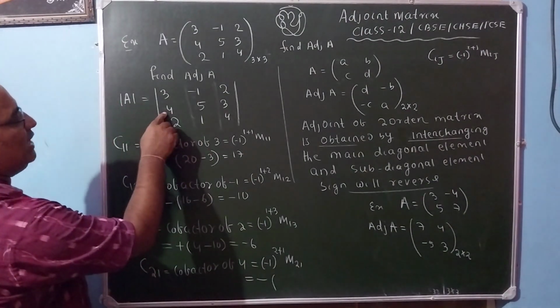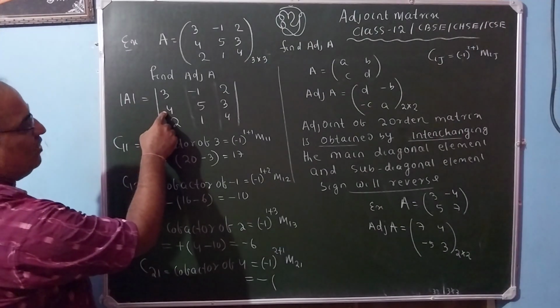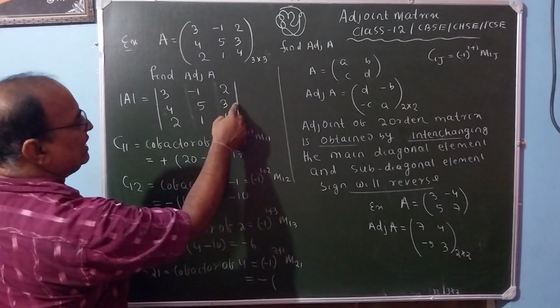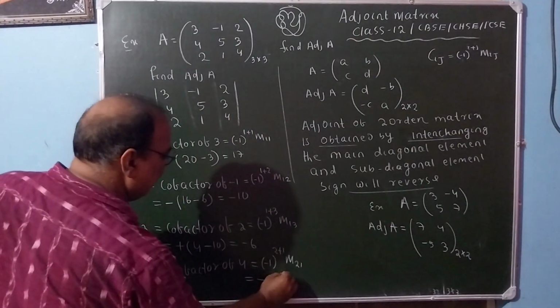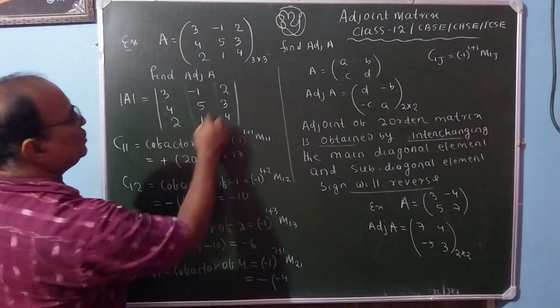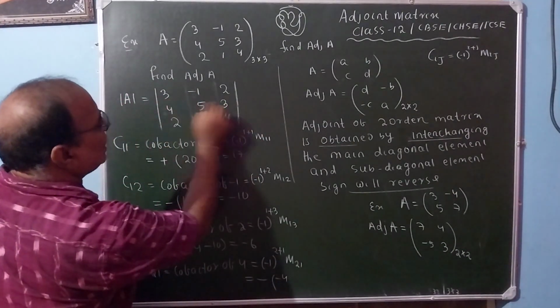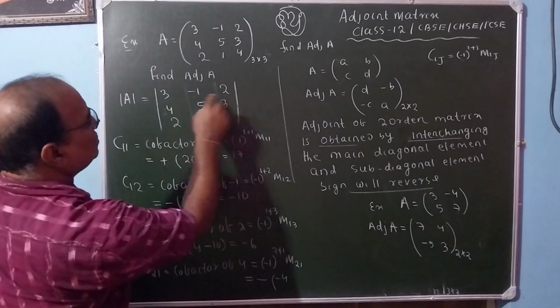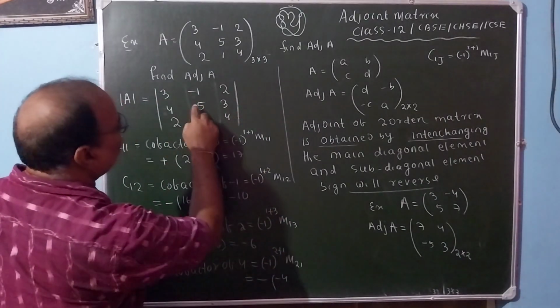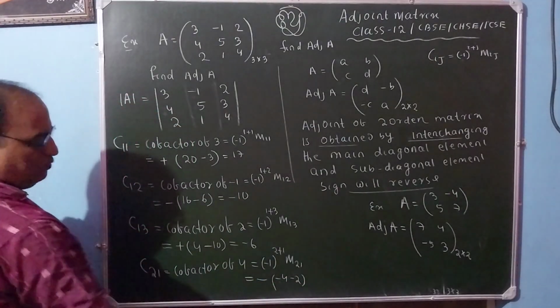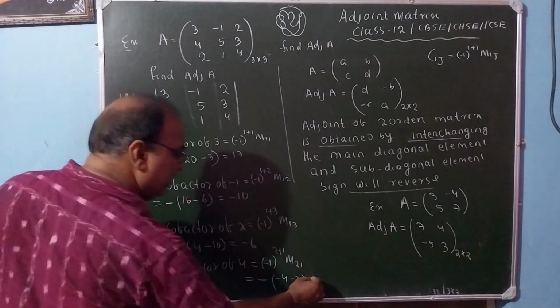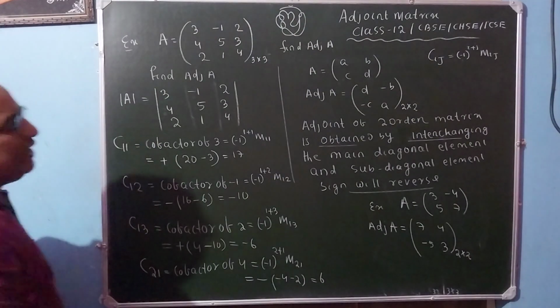M21, minor of this element, is obtained by deleting this row and this column, this into this. Minus 4 minus 2. You have to delete this column and this row. This into this. Minus 4 into minus 2. Minus 4 minus 2 minus 6. So it is plus. Okay.